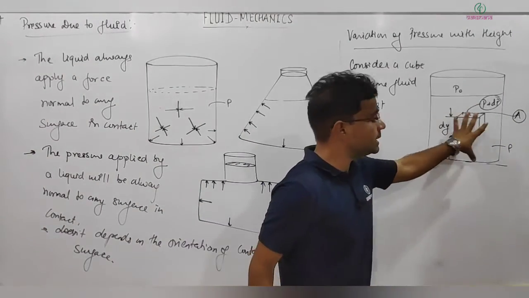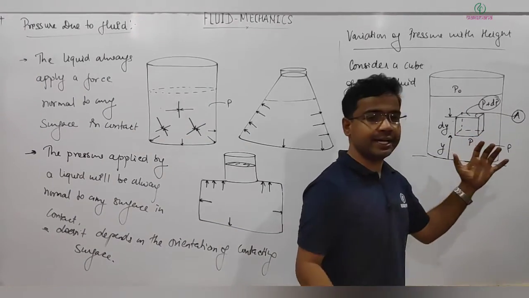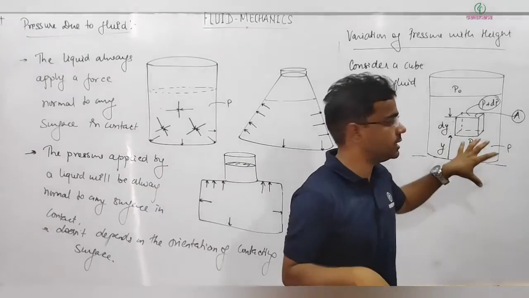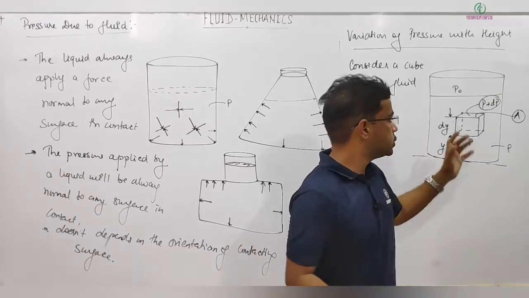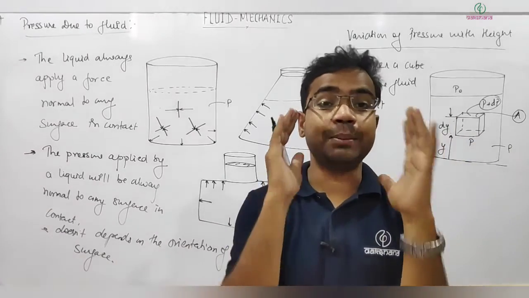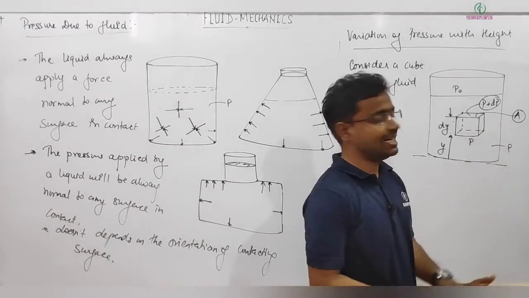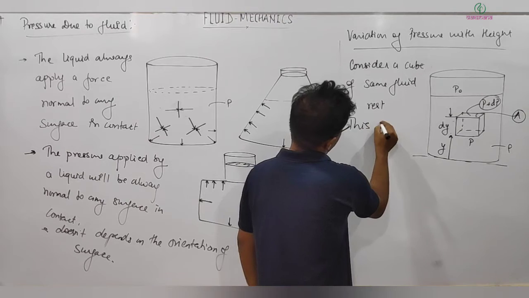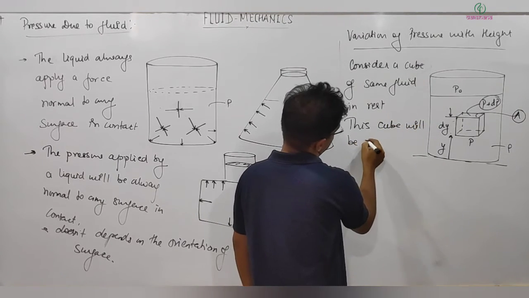Because this complete liquid is at rest, definitely every small part of the liquid will be at rest. It will not be the condition that this part of the liquid is moving in this direction, in that direction. That will not happen. So what I'm considering is just an imaginary cube that is also made of the same liquid. So this cube will also be in equilibrium.